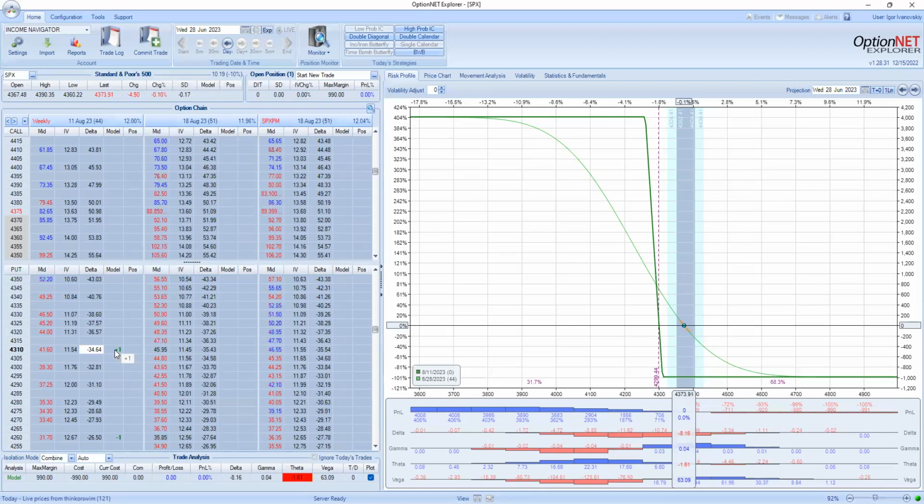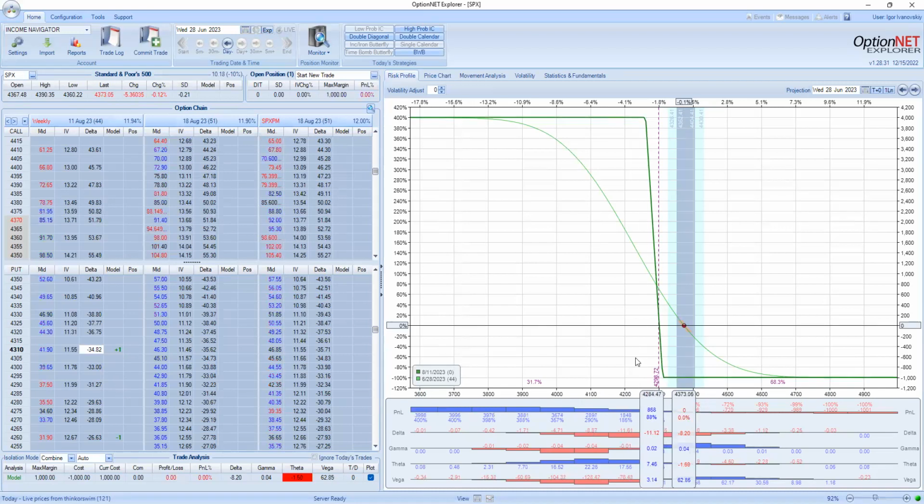Let me say this again. There is a 65% probability that 43.10 is going to expire out of the money.